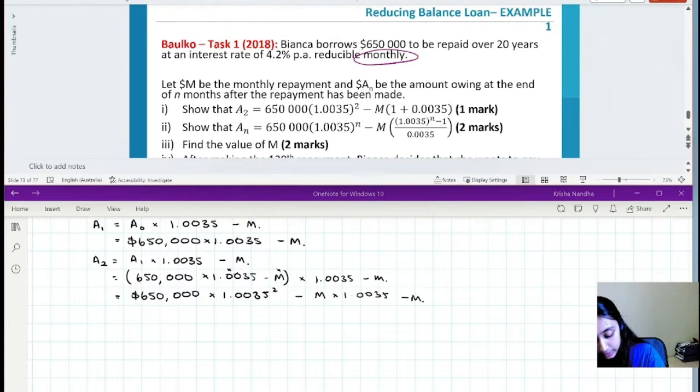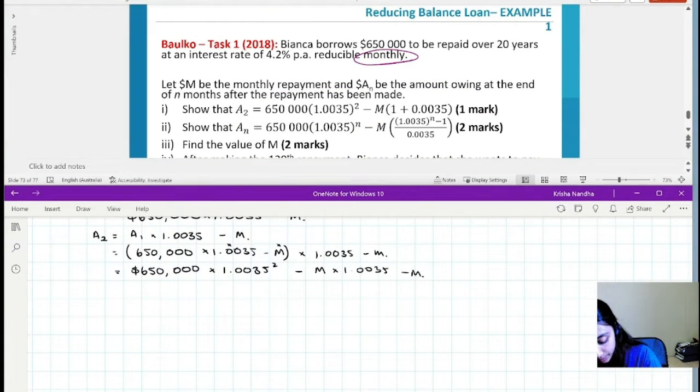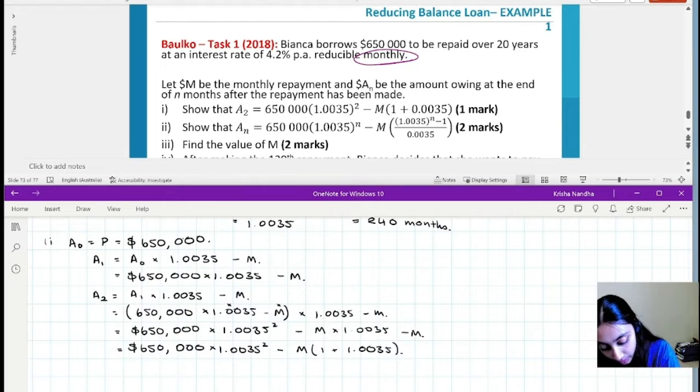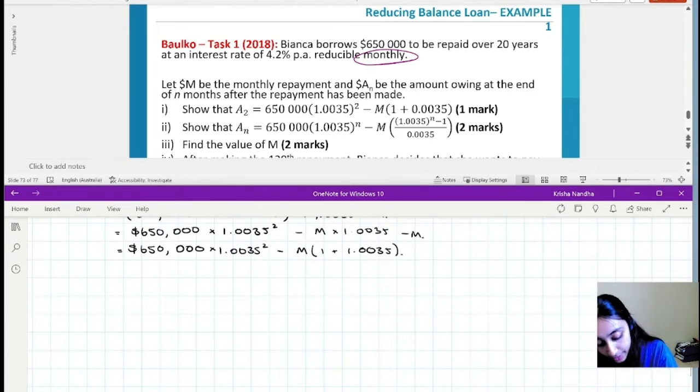They take M out as a common factor. So it'll be 650,000 times 1.0035 squared minus M, and I'm going to put this one to the front, so it'll just be 1 plus 1.0035, which is exactly what I asked for. So that's for part I. Let's move on to part II.